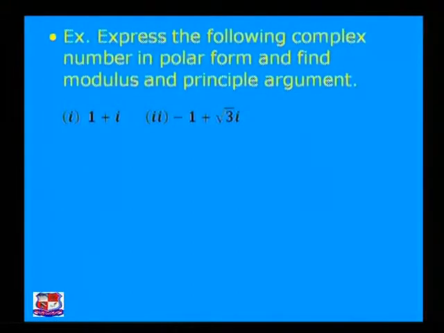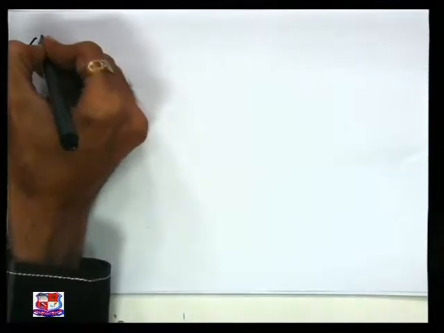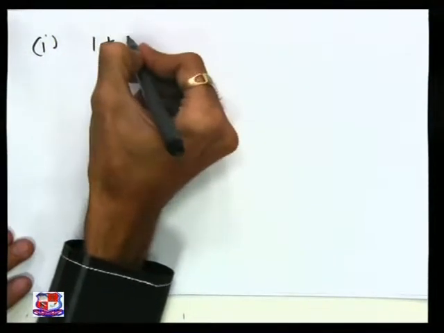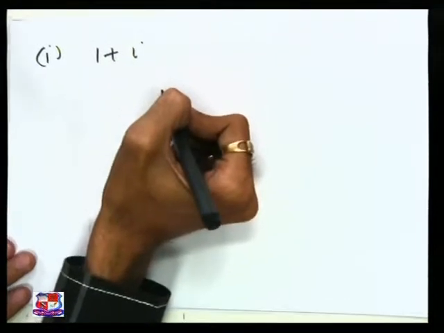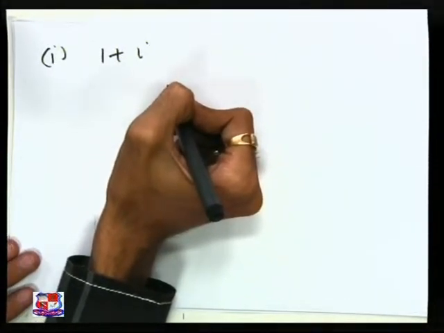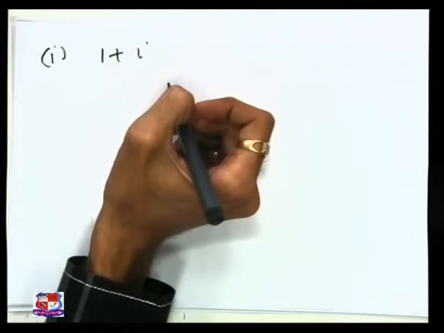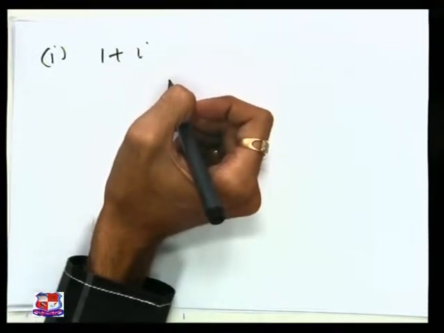The first question is to express the complex number 1 plus i in polar format, and then find the modulus and principal argument of the given complex number.